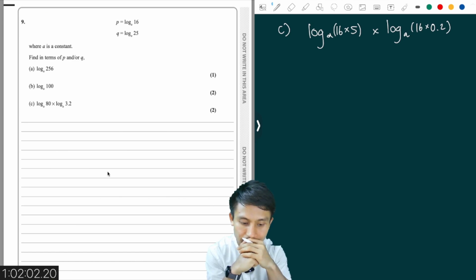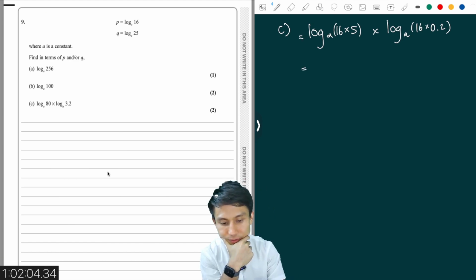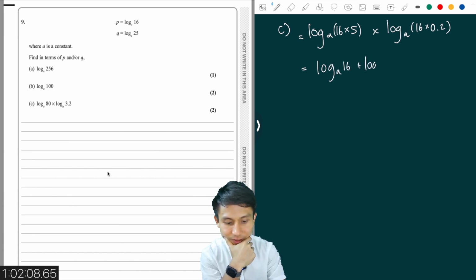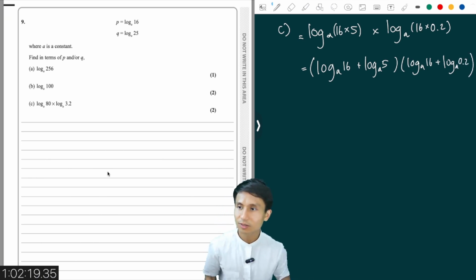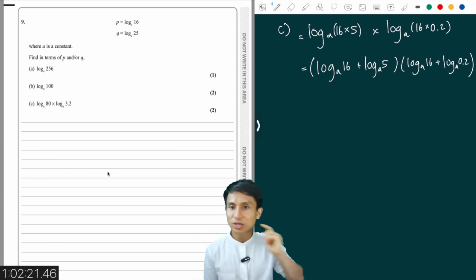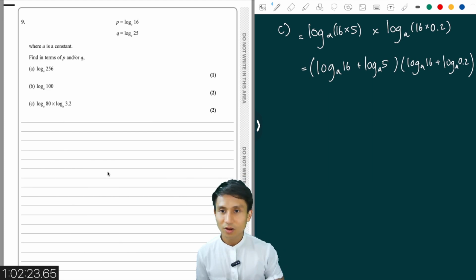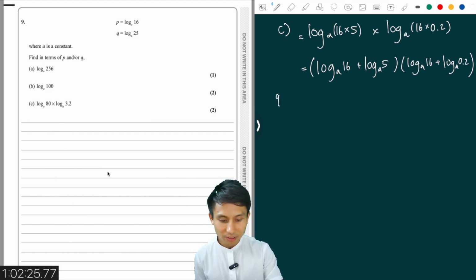Okay. So we have log base A of 16 plus log base A of 5, times log base A of 16 plus log base A of 0.2. Okay, so we have the P in the picture there already, but the log base A of 5 here, again, for the Q, right?